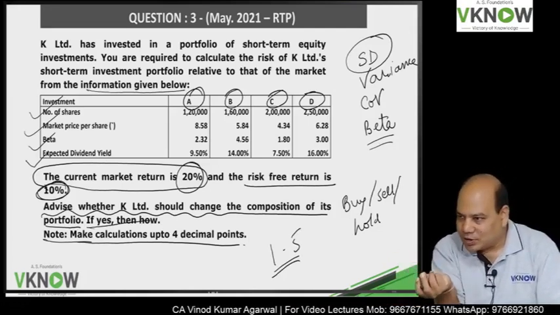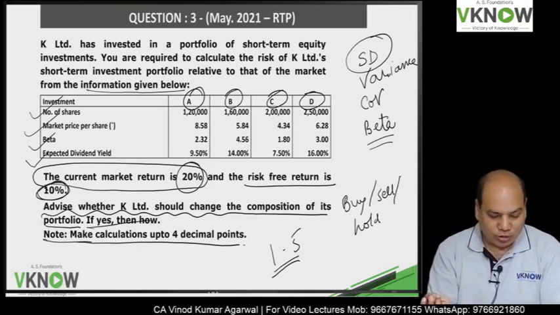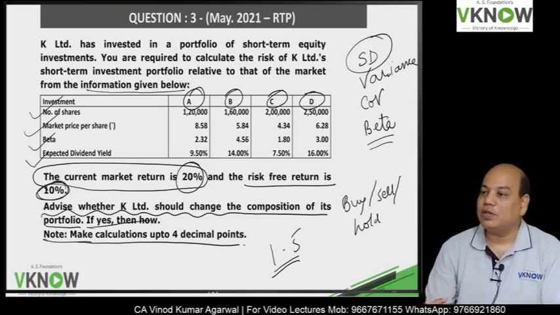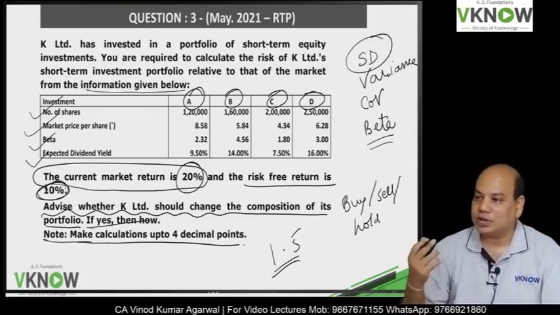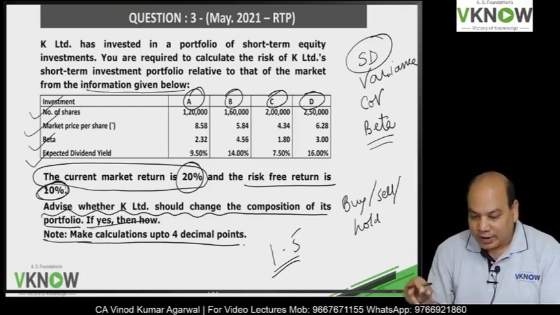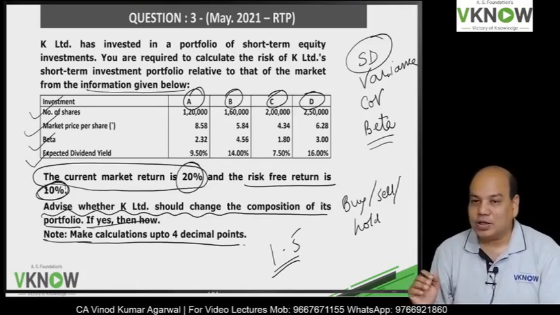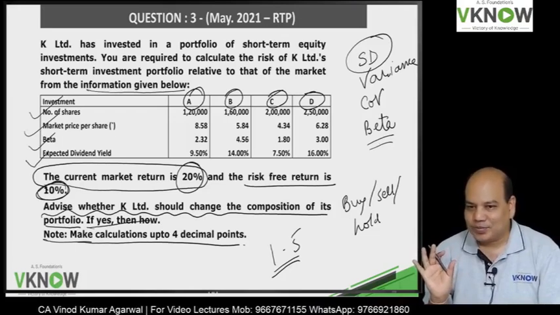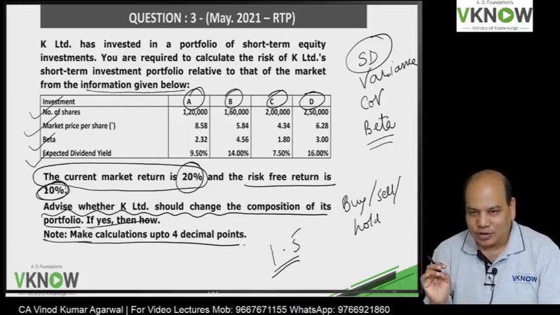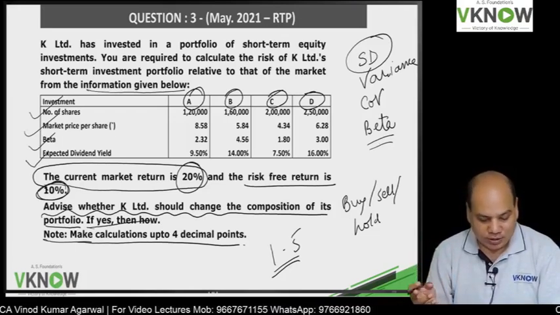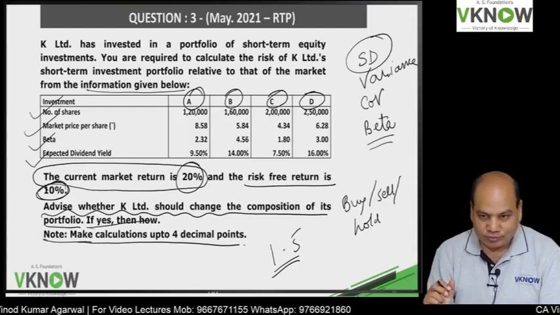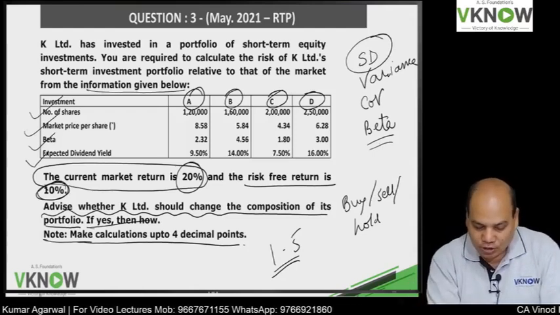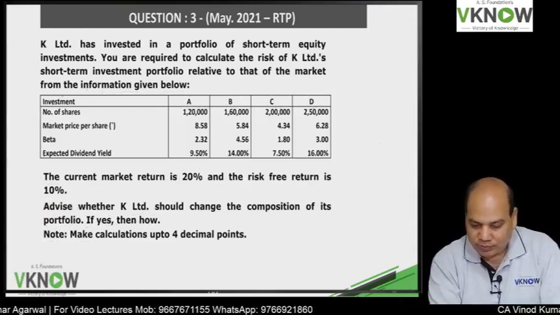If market changes by 1%, the stock or the portfolio return will vary by 1.5%. And the data is also given in such a manner that you can only calculate portfolio beta in this. Can you calculate standard deviation or variance or covariance in this example? The answer is no.